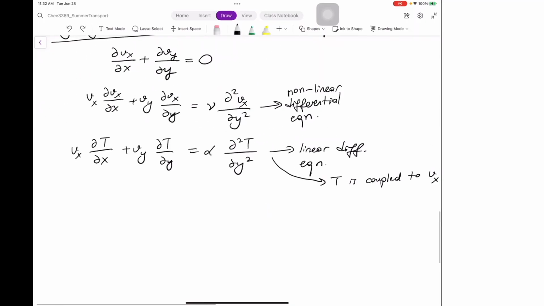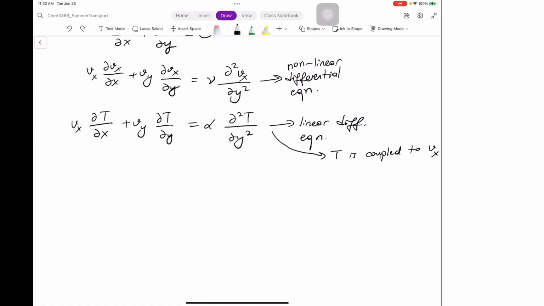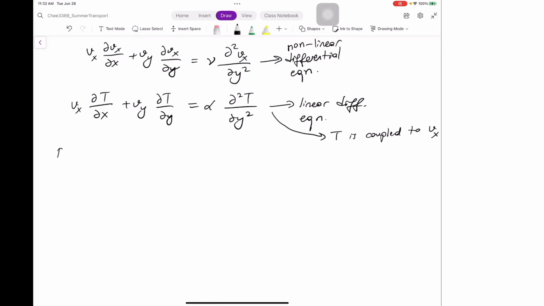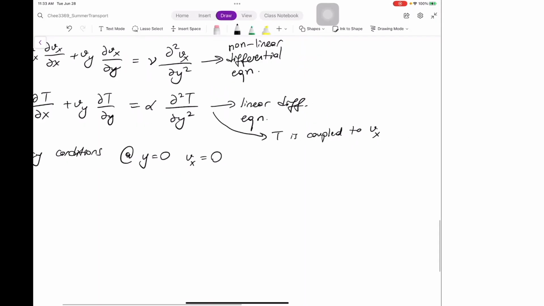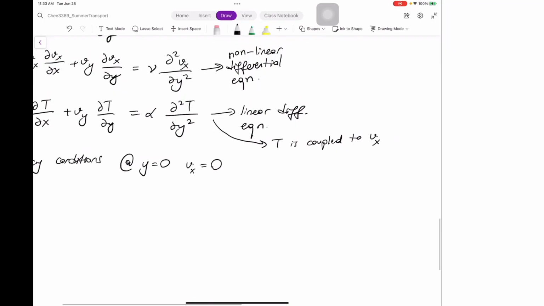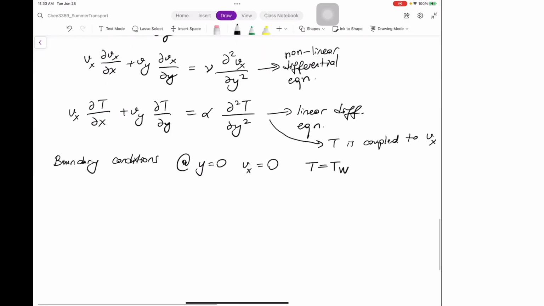How about the boundary conditions? Although these equations look quite similar, maybe the boundary conditions are different. Let's see. At y equal to 0, we know that Vx is equal to 0. That's the no-slip boundary condition. And similarly, for the temperature, T is equal to T wall. So in one case, the velocity is fixed; in the other case, the temperature is fixed. So that's the similarity between the two.